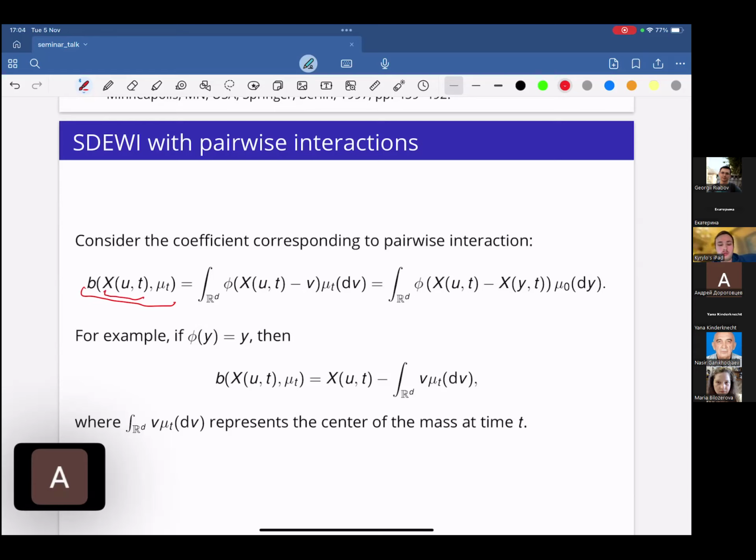For example, we can consider some function phi of x(u,t) minus v, and we integrate over v with respect to the measure mu t.